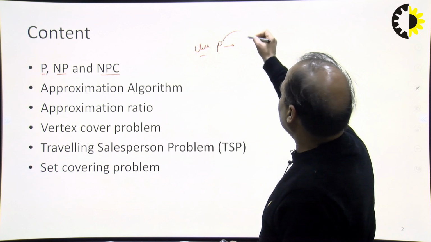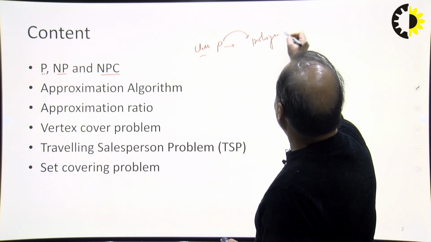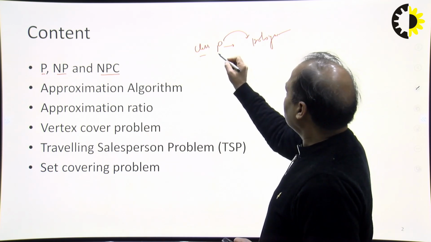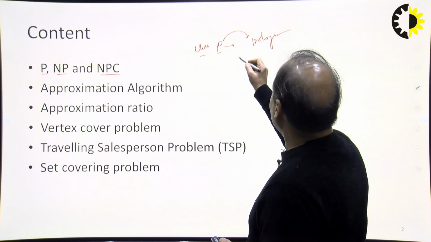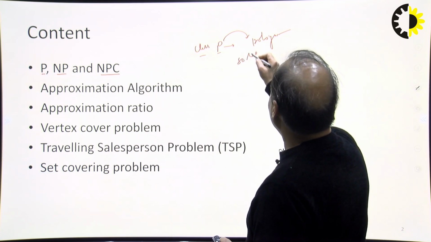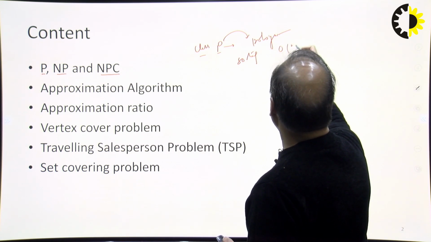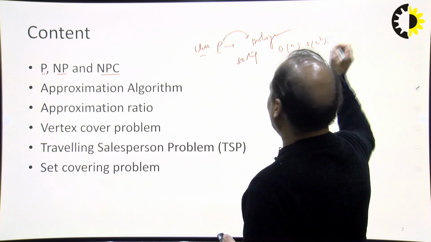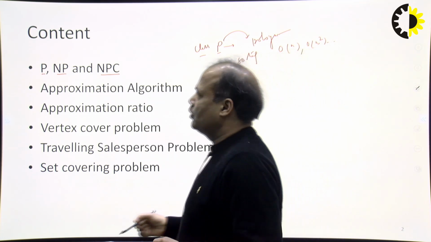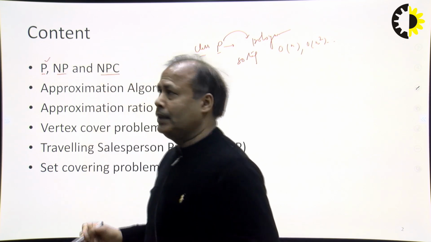P stands for polynomial time. Any category of problem which can be solved in polynomial time, like sorting. Most of the sorting algorithms can be solved in polynomial time, either linear or sometimes quadratic and so on. So any problem which can be solved in polynomial time is classified in the P category.